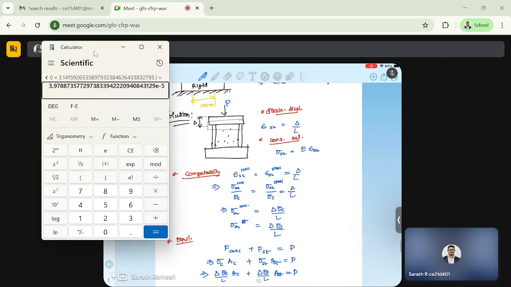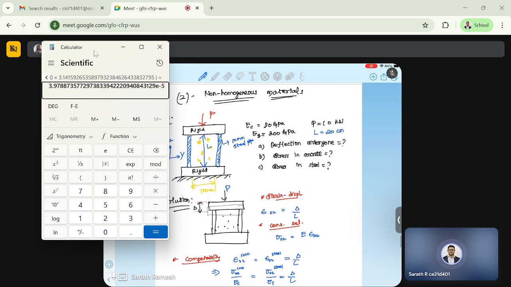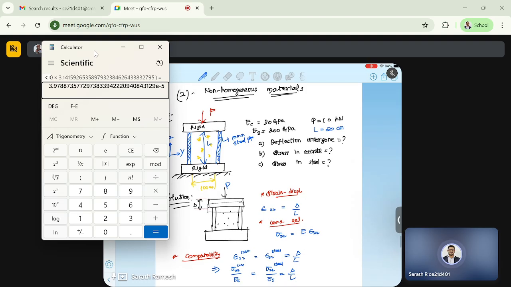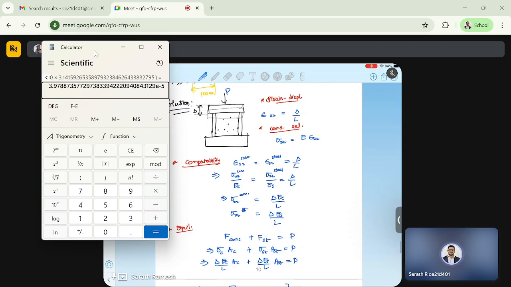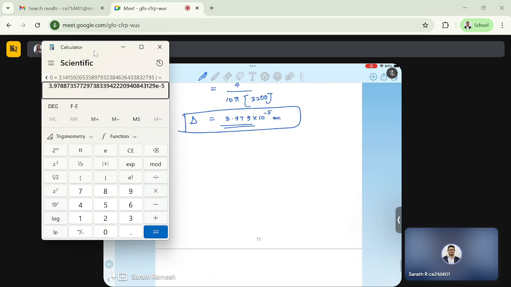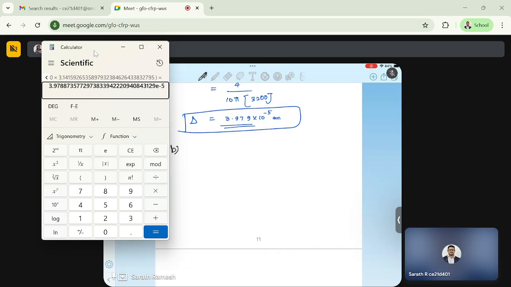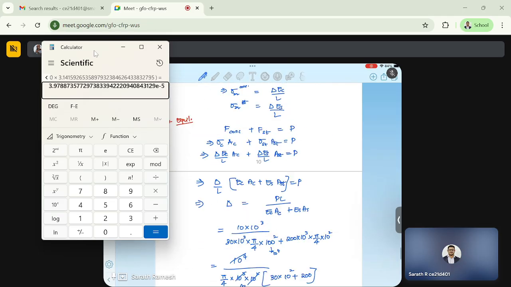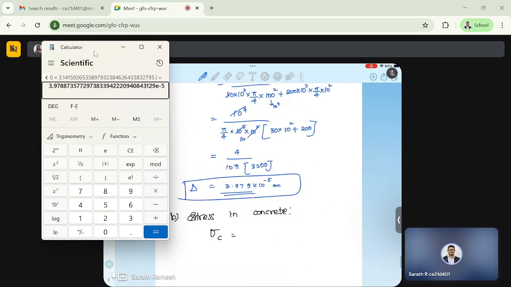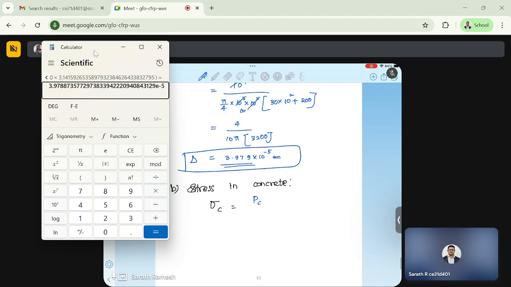Okay. Next question is part B, the stress in concrete and the stress in steel. What is the stress in concrete? This is subdivision B. Sigma concrete will be equal to P concrete, the force in concrete, by area of concrete.